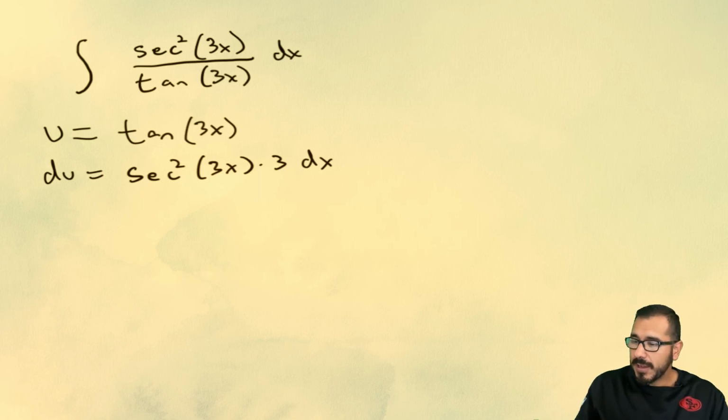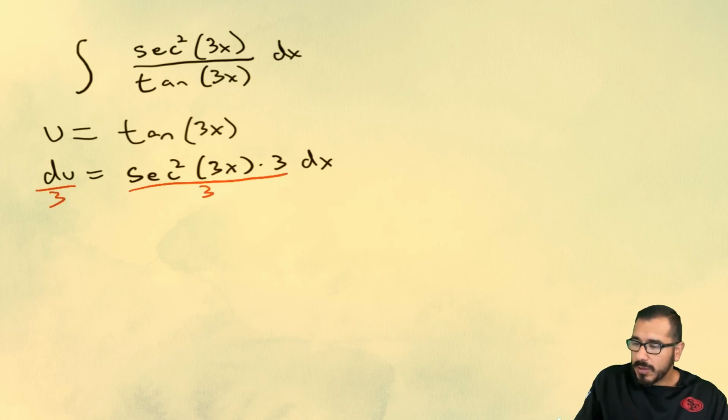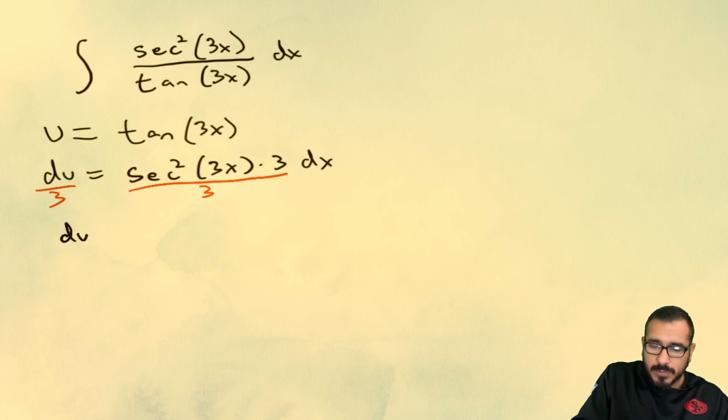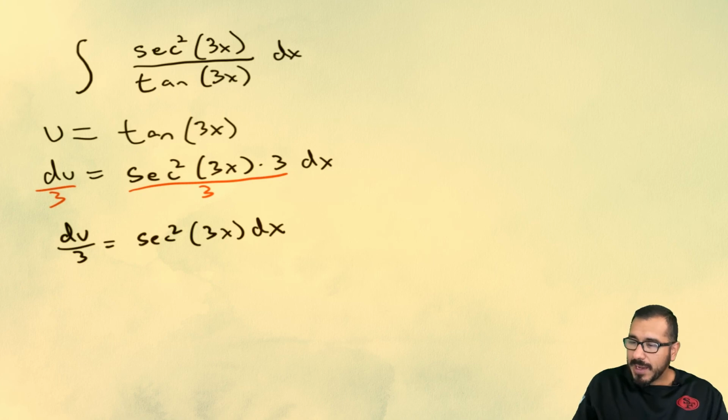So let's go ahead and divide both sides by 3 here. So you're left with du over 3 equals secant squared 3x dx. All right, and we see that. Let's do some highlighting.